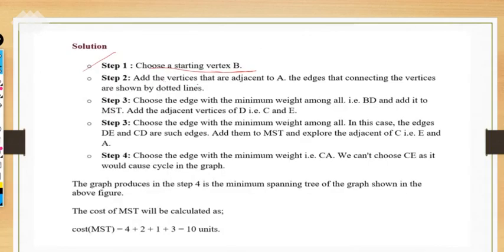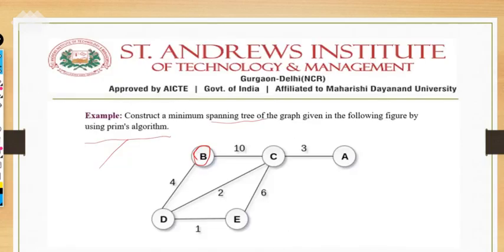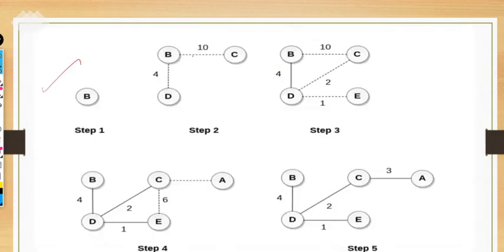Step 2 says add the vertices that are adjacent to B. Sorry, it's not A, it's B. So whatever the adjacent vertices are, what are B's adjacent vertices here? B's adjacent vertices are D and C with weights 4 and 10. I have mentioned it over here by dotted lines.